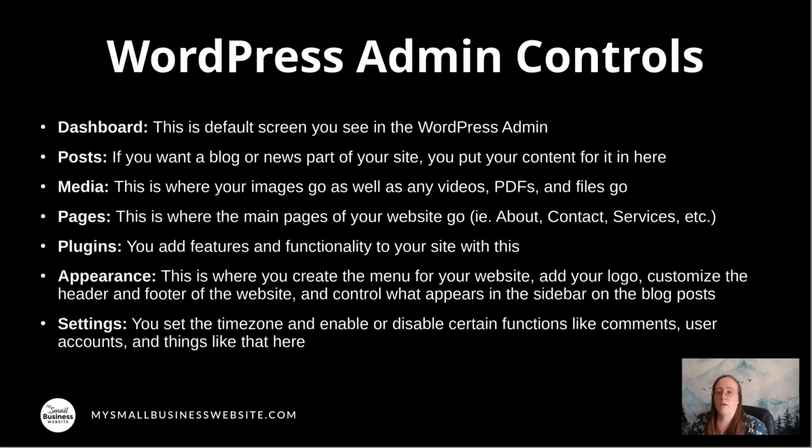Then you have appearance. This is typically where you're going to be able to manage and customize the look of your website. And so you can add a menu normally and control different things that appear in the sidebar on like the blog posts and stuff like that.